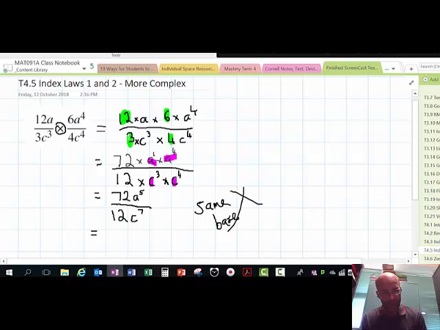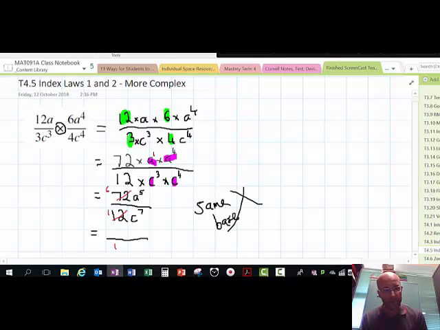What we can do is look at the 72 and the 12 and see if there's a common factor. Well, let's look at our 12 times tables. We can divide the top and the bottom by 12, because 12 divided by 12 gives 1, and 72 divided by 12 is 6.